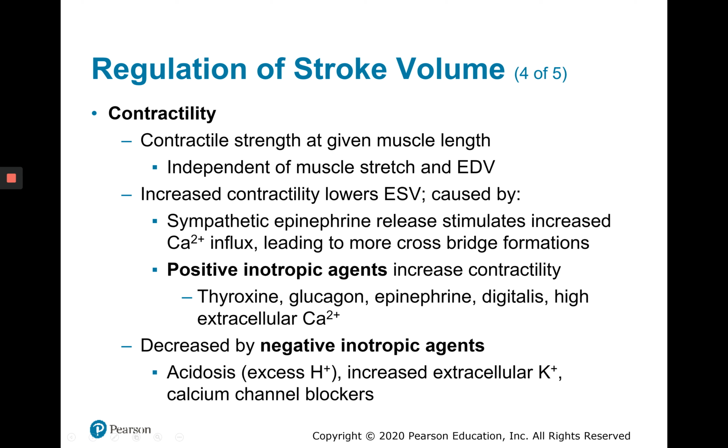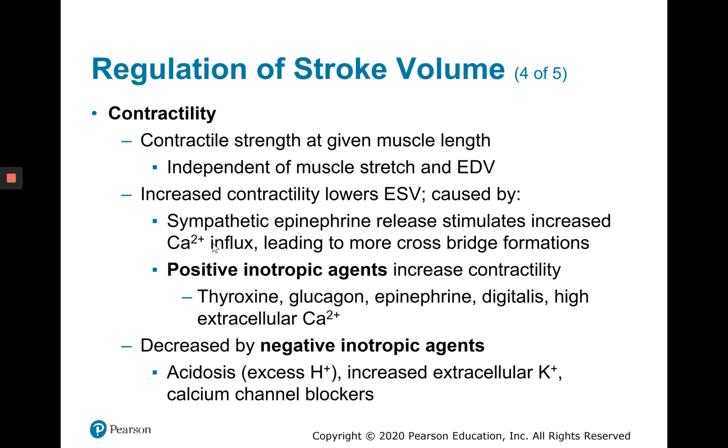And the sympathetic epinephrine release is epinephrine release from the adrenal medulla, and that causes increased calcium influx from outside the cell and can lead to more calcium release from the sarcoplasmic reticulum inside these cardiac myocytes, which leads to more cross-bridge formations.